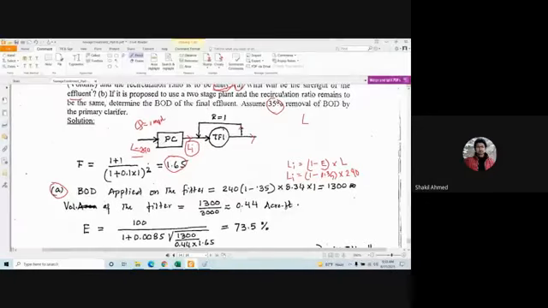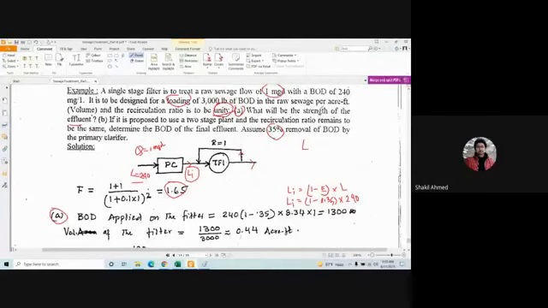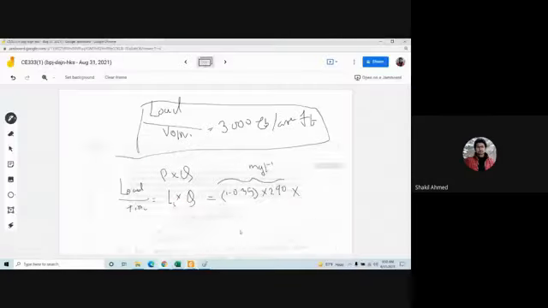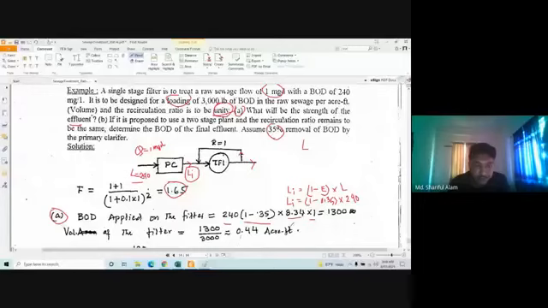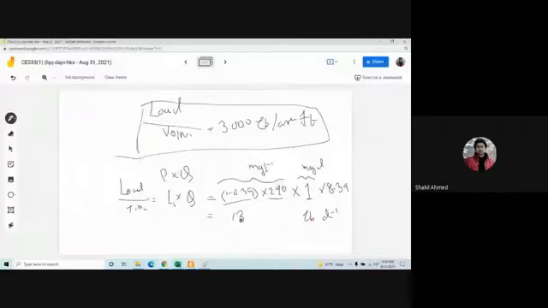Q is given. What is Q? 1 million gallons per day. So you have to multiply this with 8.34 to convert the unit to pound per day. Tell me the value. 1301.